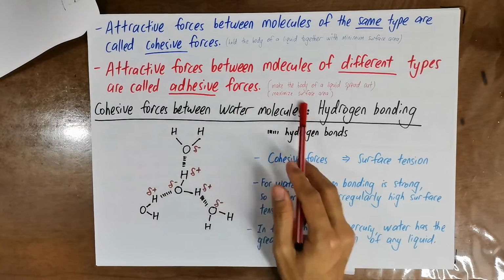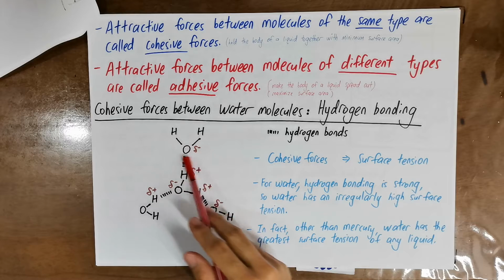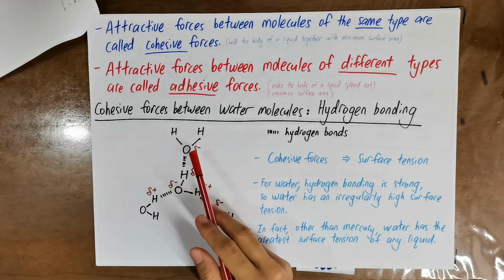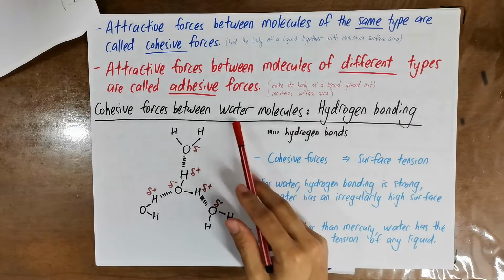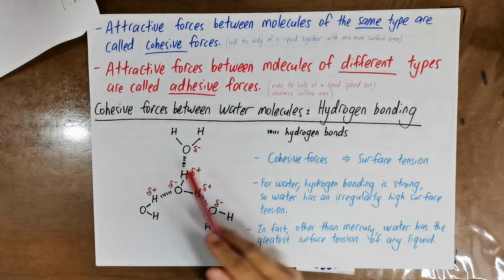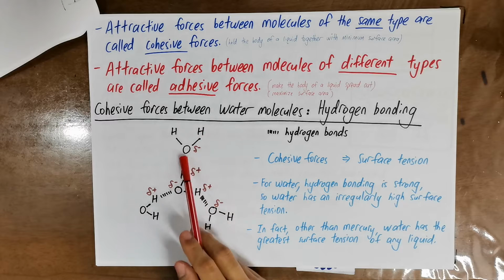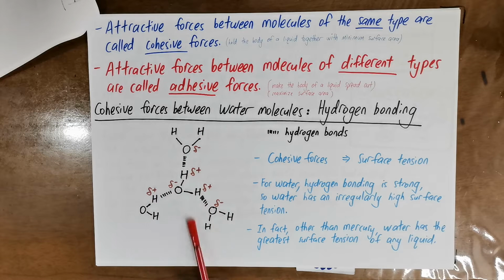When we mention water molecules, we know that they are polar molecules, and there is hydrogen bonding between water molecules. For example, here H2O, H2O, H2O, H2O, you have 4 water molecules all together.